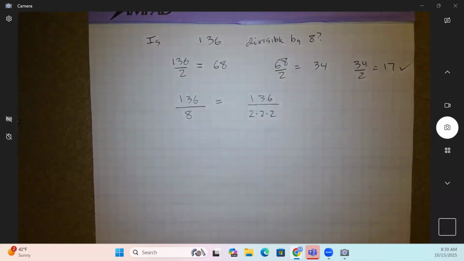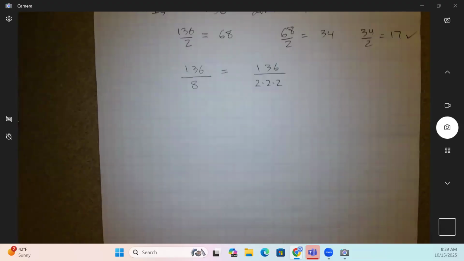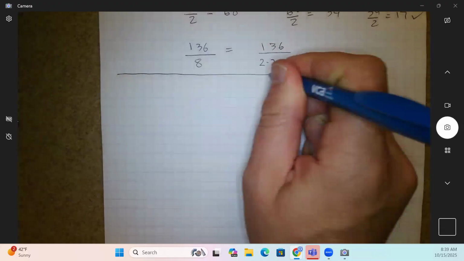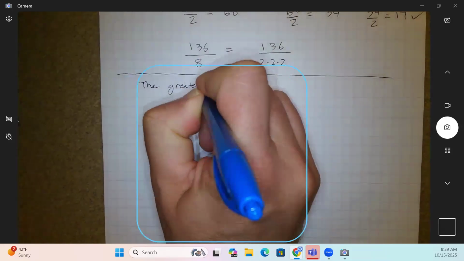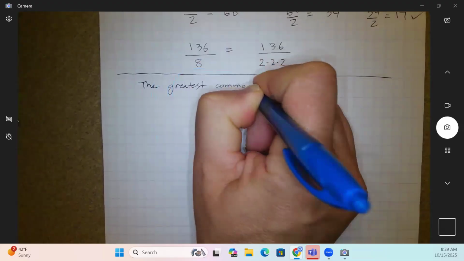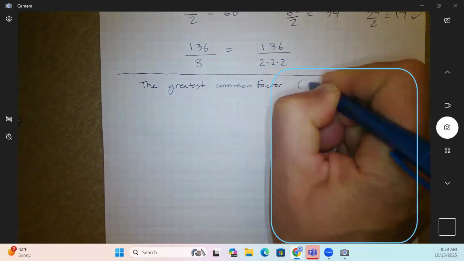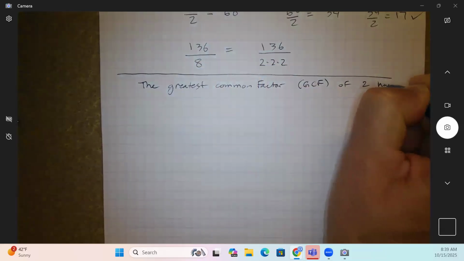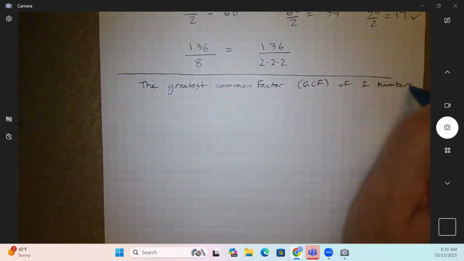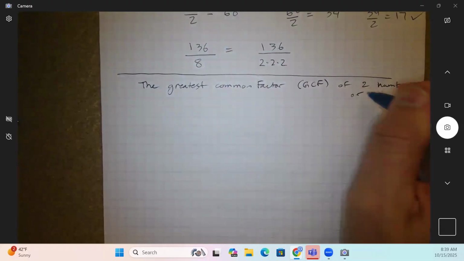Now we can start talking about the greatest common factor. The greatest common factor, GCF, of two numbers. The greatest common factor always, well, actually, it's two or more.